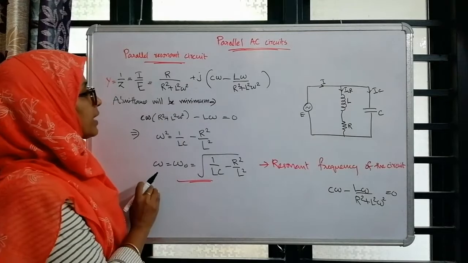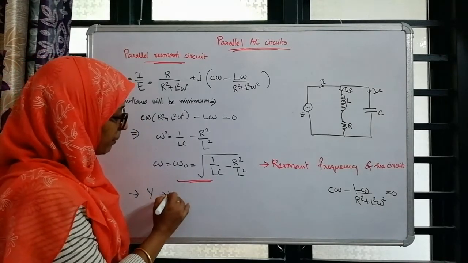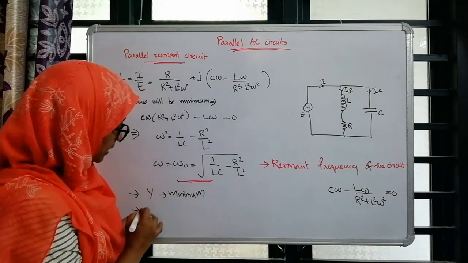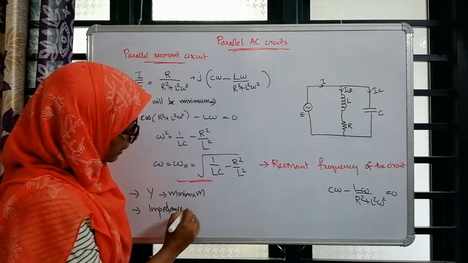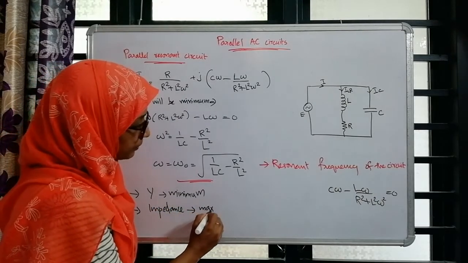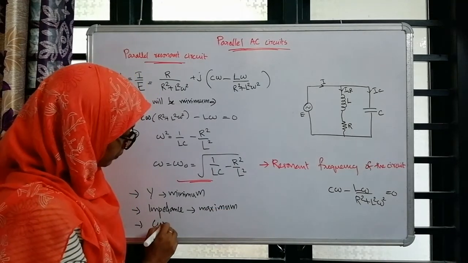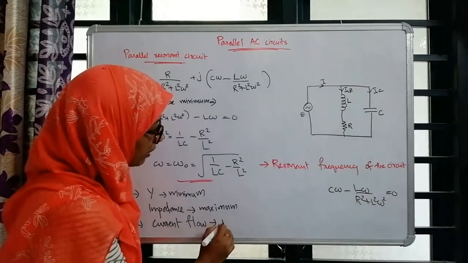This frequency is known as the resonance frequency of the circuit. At the resonance condition, the admittance will be minimum, that is Y will be minimum, and also at that condition, impedance will be maximum. Impedance will be maximum, which means that the current flow will be minimum.